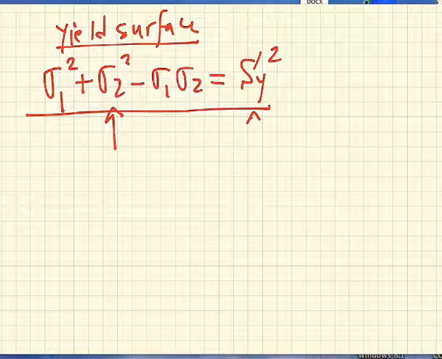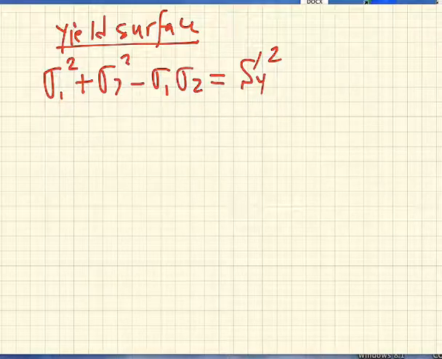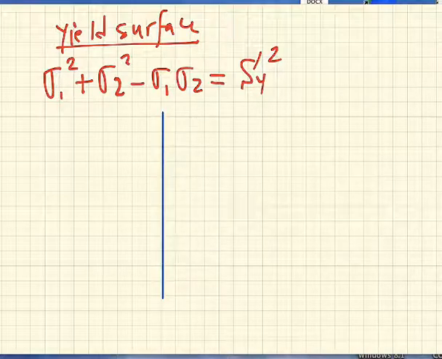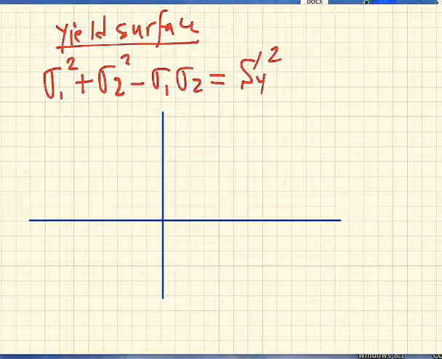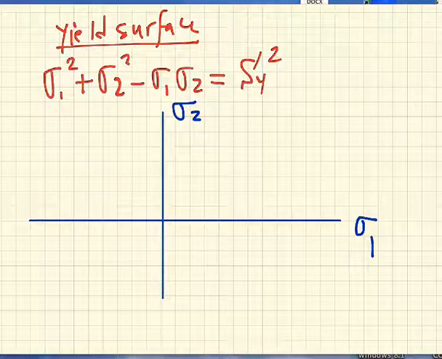Once we have this equation, if you look at it carefully, you see that it defines an ellipse. So if you plot this equation on a surface that has sigma 1 on the horizontal and sigma 2 on the vertical, then that's the equation of an ellipse.